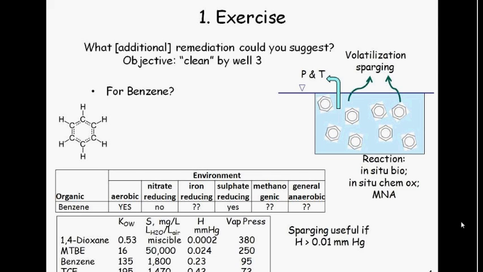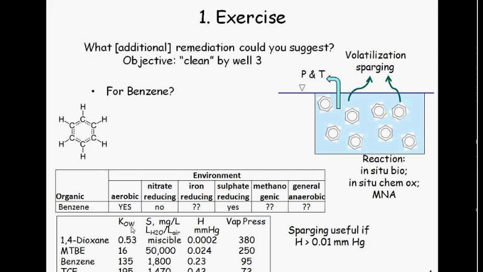If MNA wasn't going to work, what might you do for benzene? For example, if we had set the requirement for benzene to be cleared up by row 2, well, we can look at the environmental properties. For pump and treat, we probably require that the chemical be mobile and not highly sorbed.